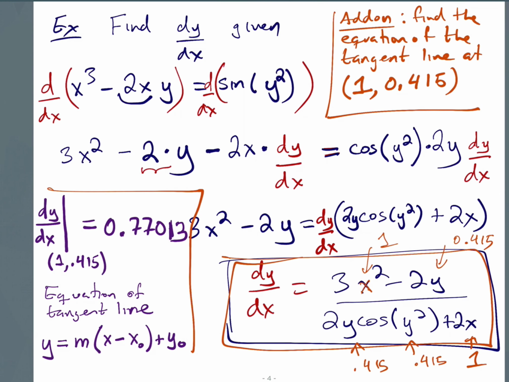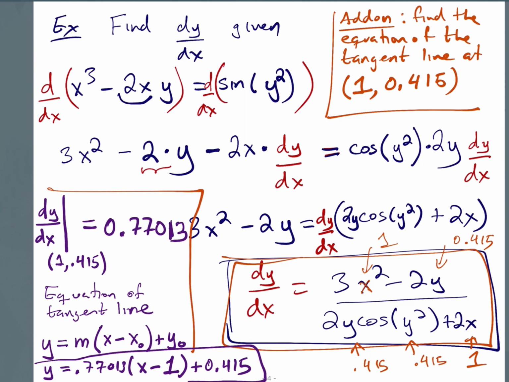So y is equal to 0.77013 times x minus what? My x value, right, which is 1, plus my y value, which is 0.415. Okay, so this is the equation of the tangent line.